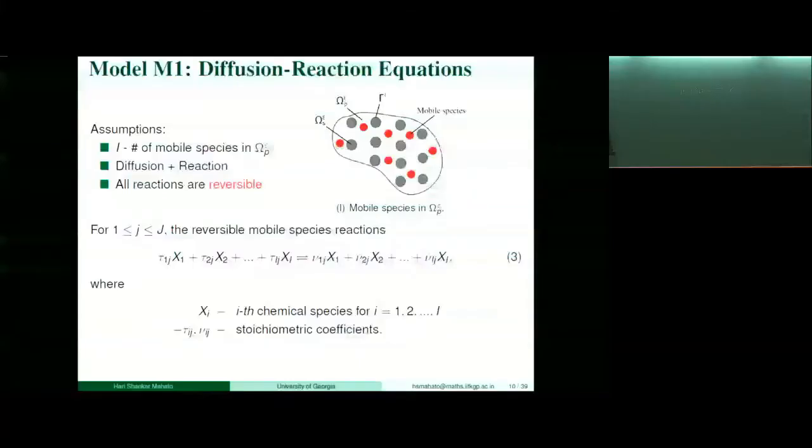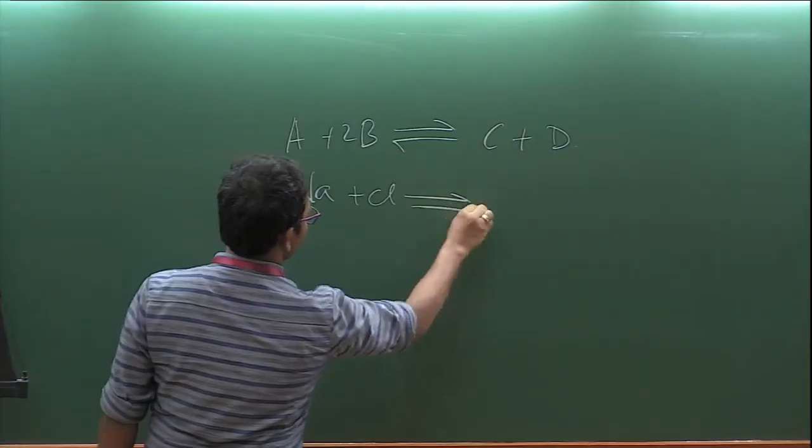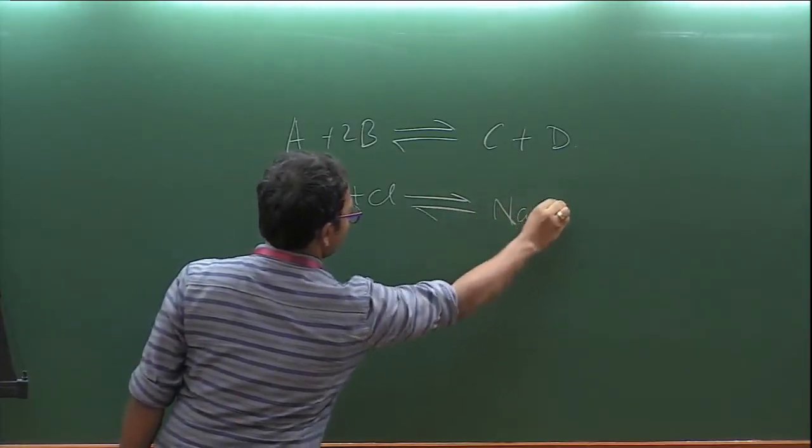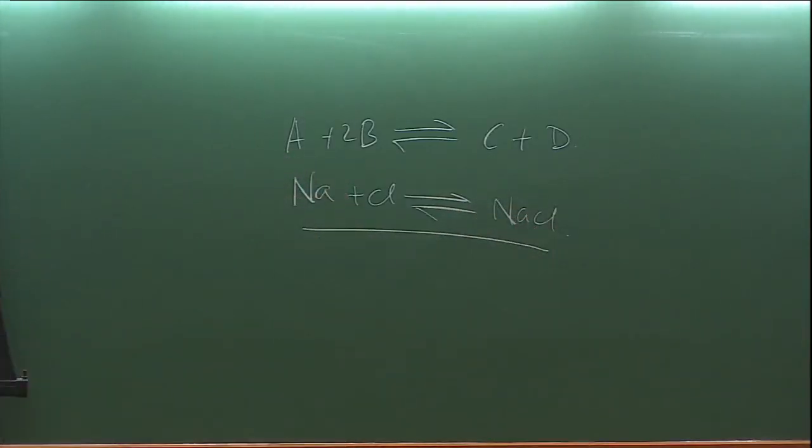An example could be, let's say, Na + Cl = NaCl. Here you can have a reaction rate term for Na and Cl, and I will show in the next slide how we can write down the reaction rate. This one is reversible, yeah.